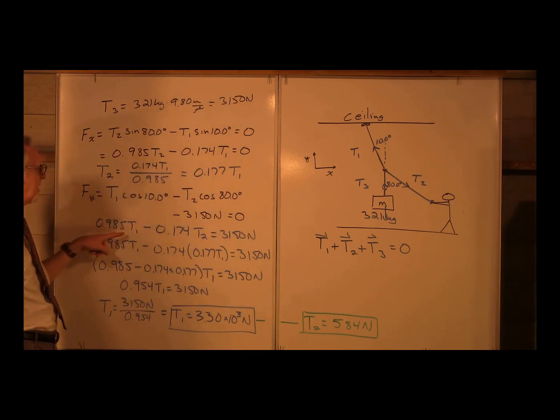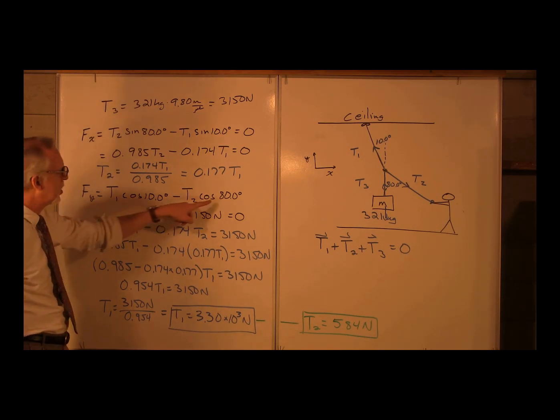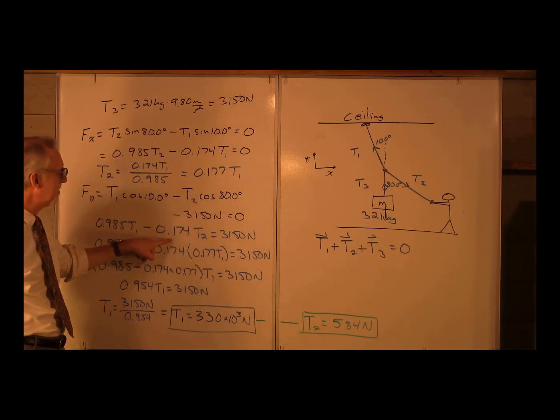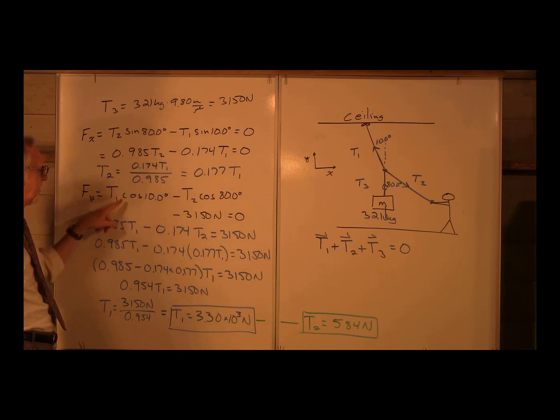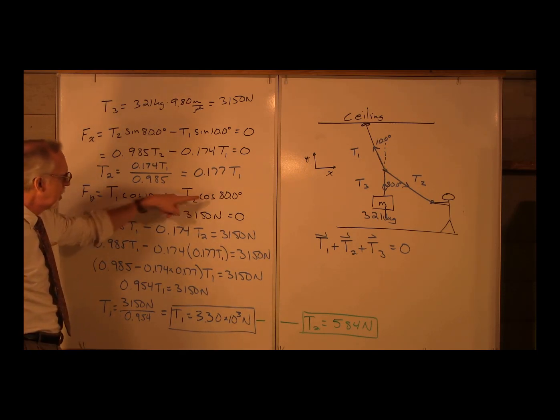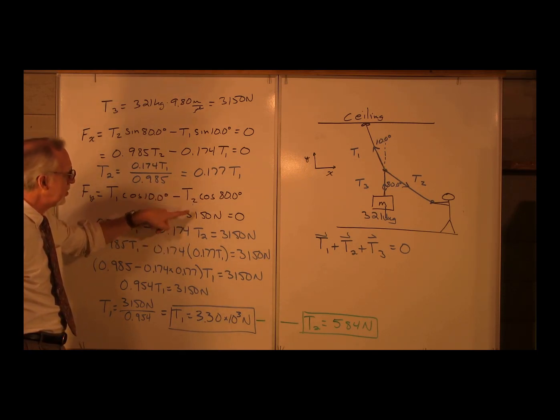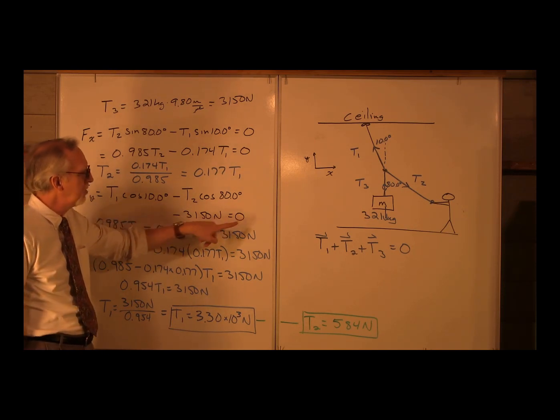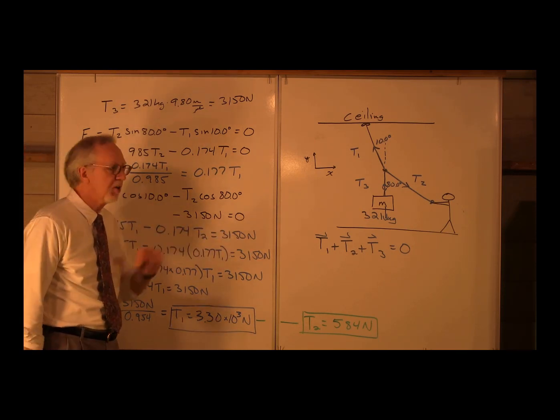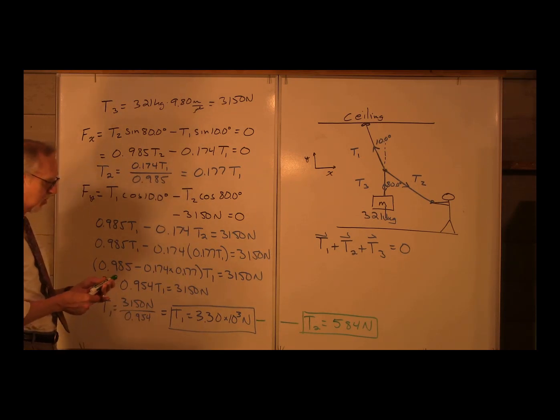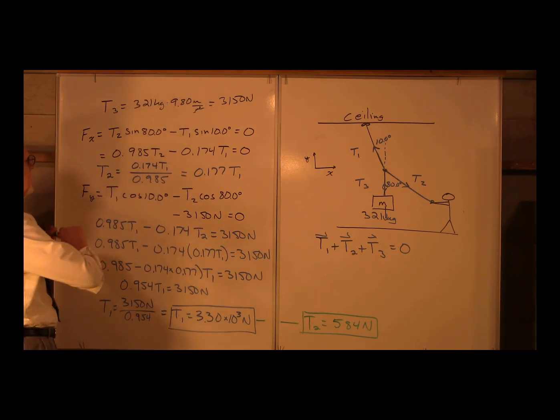Now from the second equation, putting the numbers in, cos 10 is 0.985 and cos 80 is 0.174. So we have 0.985 T1 minus 0.174 T2, and I brought the 3150 newtons over to the other side, so equals 3150 newtons.